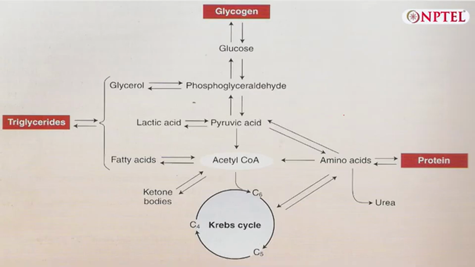Glycerol in turn goes to the aerobic pathway through phosphoglyceraldehyde, entering the glycolytic pathway. Amino acids, particularly alanine, and amino acids like leucine, isoleucine, valine can be converted through the process of gluconeogenesis and converted to acetyl CoA for aerobic oxidation.